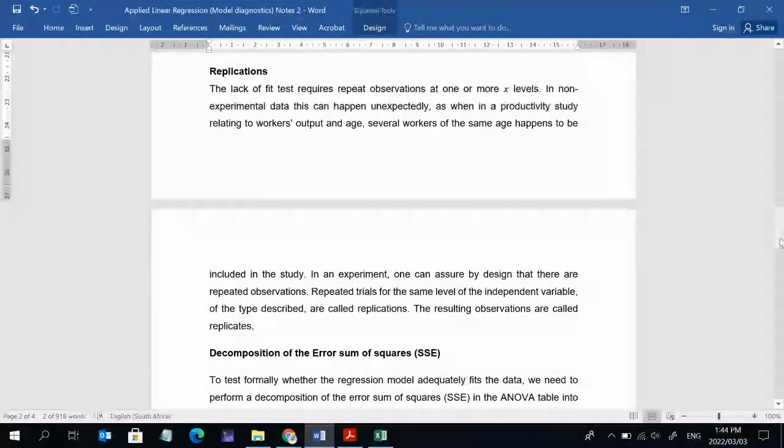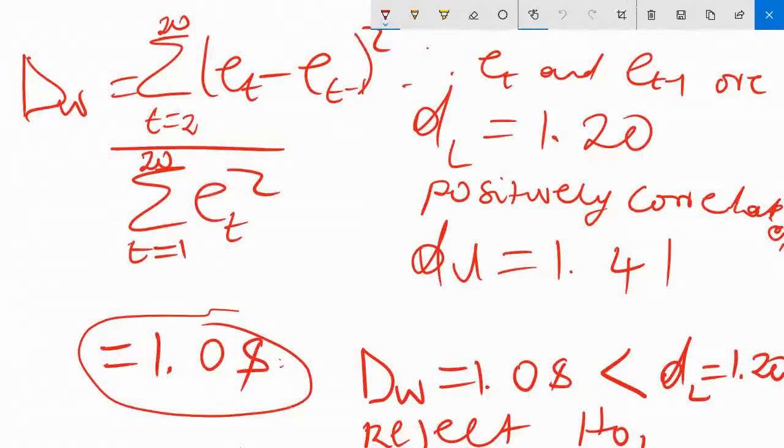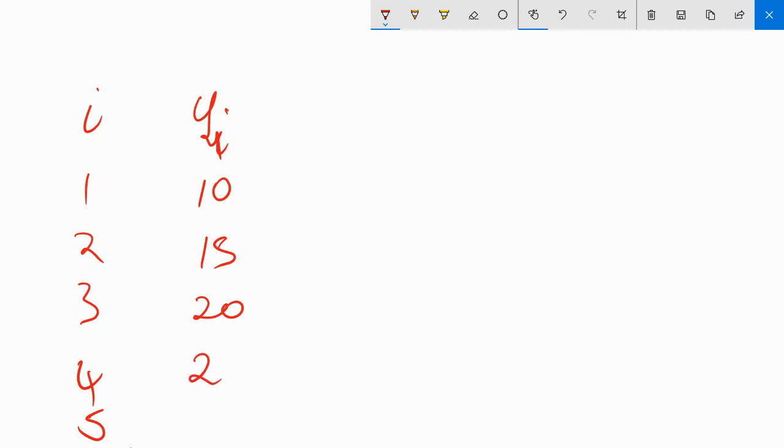So what it means is, let me go to the whiteboard. If we have our data set like this, let's say I is 1, 2, 3, 4, 5, then we have our Yi, which will be, let's say, 10, 15, 20, 25, 30. There should be a replication here.